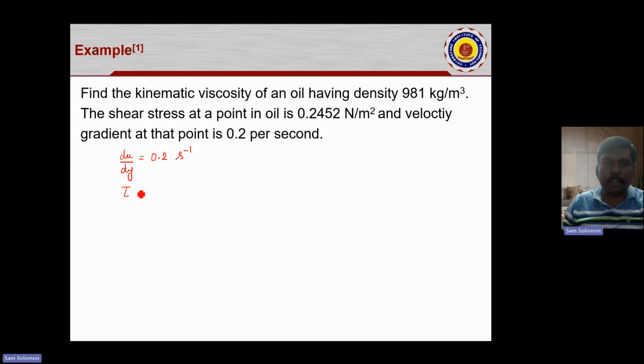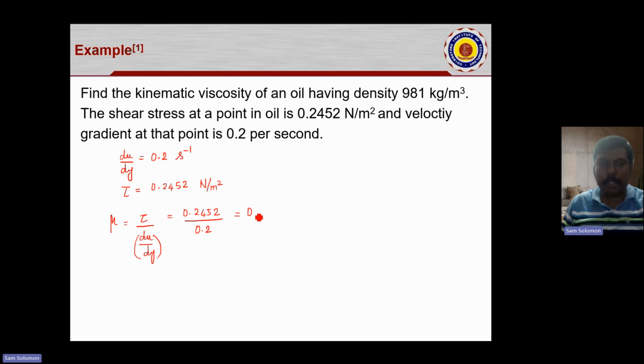And they have given you the value of the shear stress, which is 0.2452 Newton per meter squared. So from these two, I will be able to get tau divided by du by dy, because tau is mu times du by dy. So this guy is going to be 0.2452 divided by 0.2.